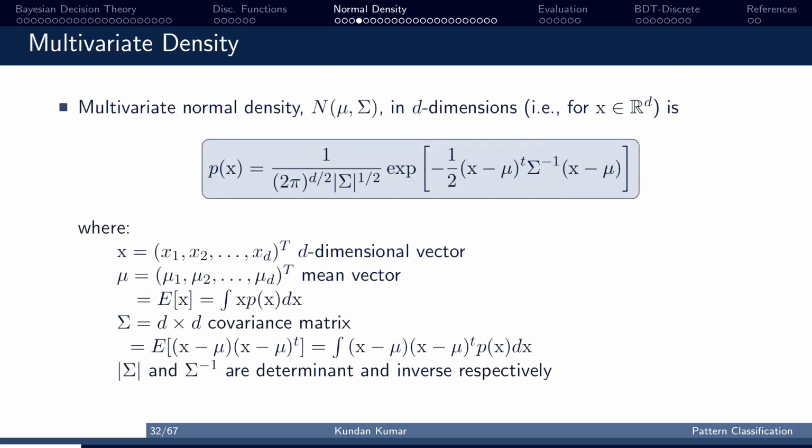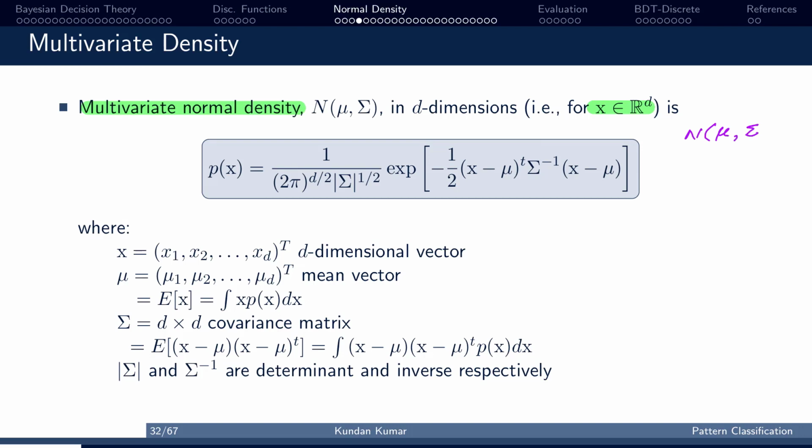So the univariate normal density function has a one-dimensional variable, but we can have a d-dimensional variable as well. If we define x in d-dimensional space, then we can define our multivariate normal density function by the mean and covariance.